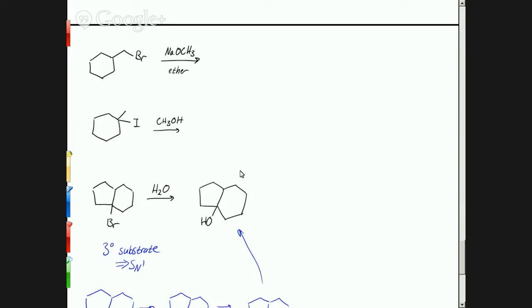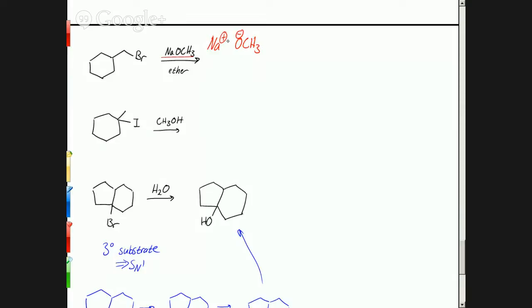So let's look at this. What is this first thing? This NaOCH3. Yeah, so that's going to be a sodium ion because we know sodium only forms ions with other stuff. And then this, which is known as methoxide, is going to be the conjugate base of methanol.